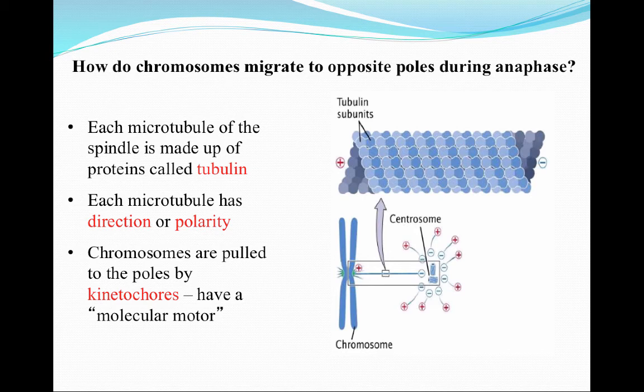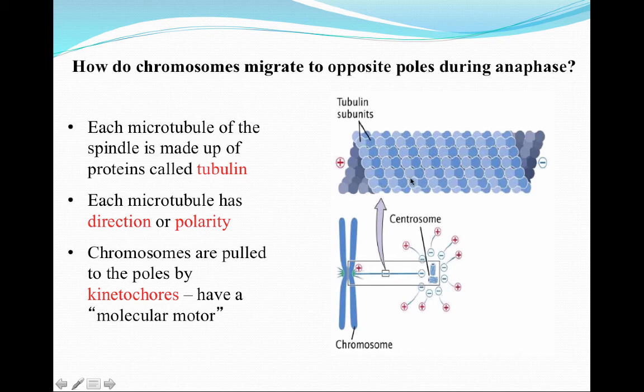And these tubules are what is really going to attach to the sister chromatid. And the microtubule is made up of a protein called tubulin. And tubulin is going to be like a two-part protein like we see here. And it's going to have lots and lots of different subunits that all come together to make up this microtubule.